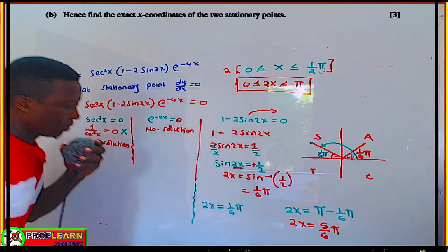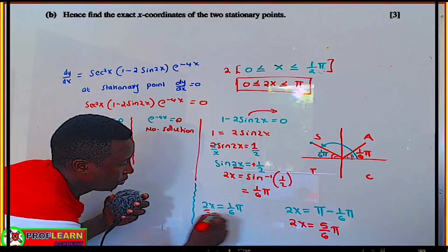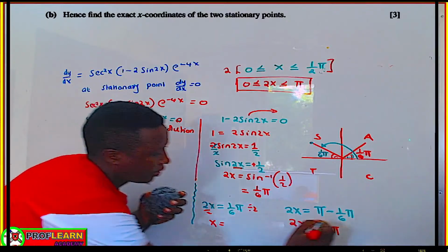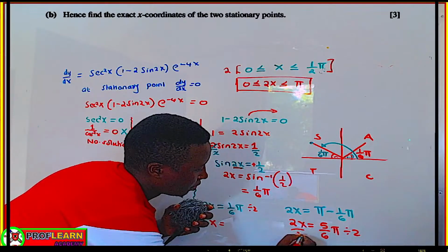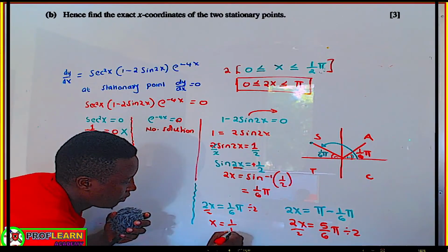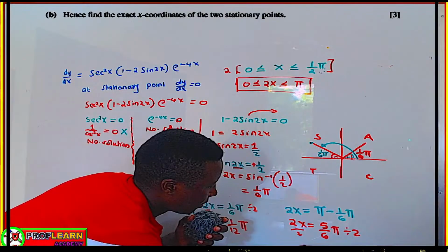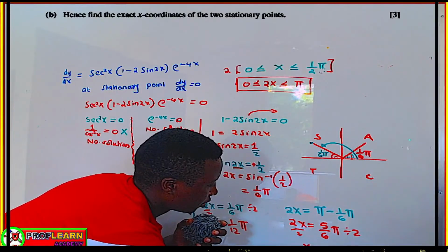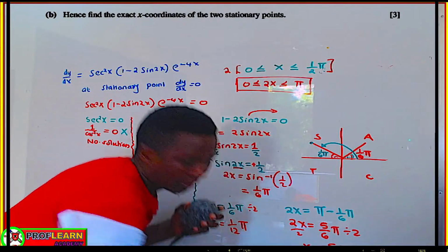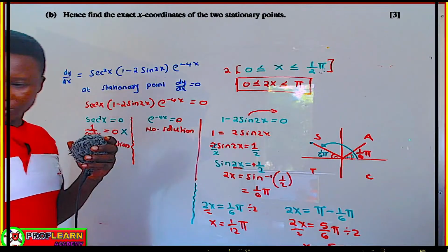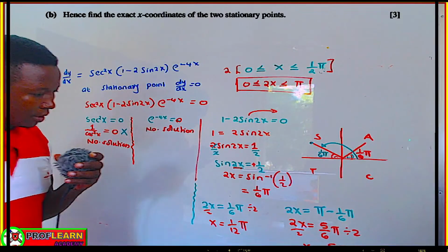For us to get x, we divide this by 2 and also divide this by 2, so that we have x equal to 1 over 12 pi, and this other one becomes x equal to 5 over 12 pi.